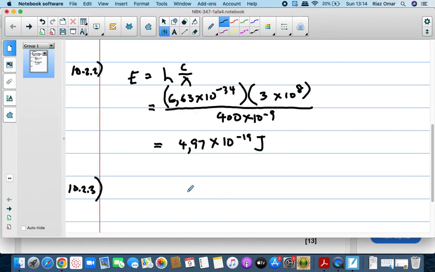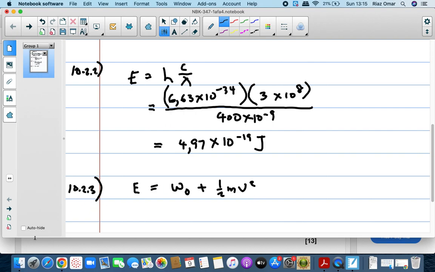The energy of the violet light will be used to eject the electrons from the metal, and if there's extra energy, it will be used to create kinetic energy, half mv squared.